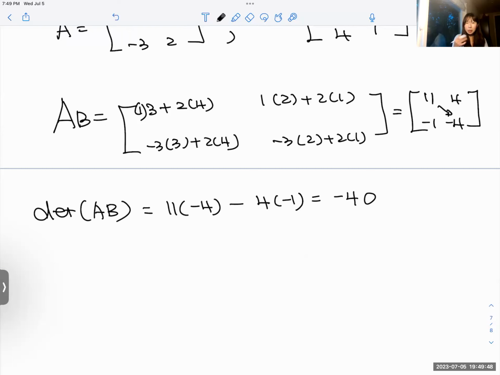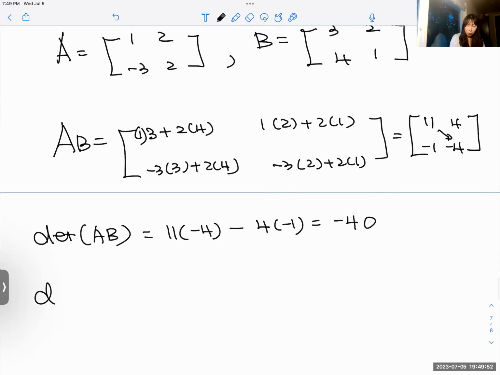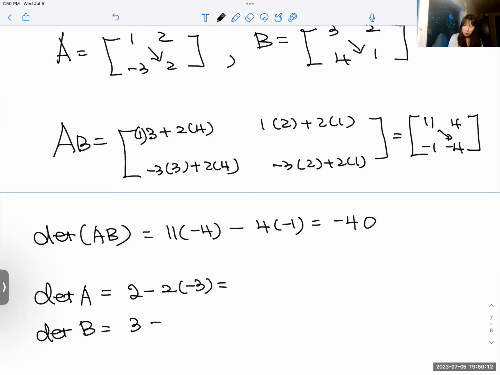Okay, now let us compare. We have A, and we want to know about the determinant of A, which is we multiply this way. So 2 minus 2 times -3. Can you please calculate determinant of B? Multiply this way. It's -4.